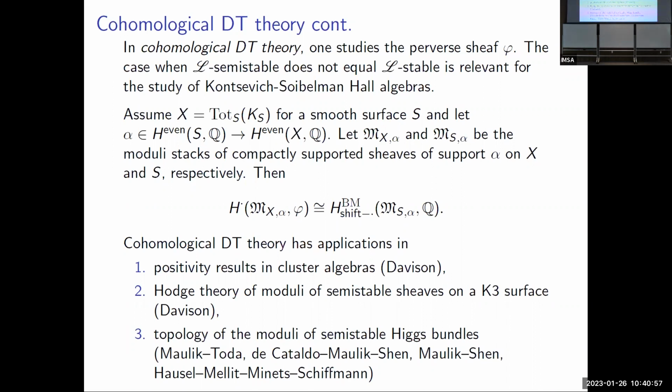So maybe here, by work of Maulik and Toda, they used this circle of ideas to propose the definition of Gopakumar-Vafa invariant, also called BPS invariant. And they observed that the deformation invariance of their proposed definition has to do with the P equals W conjecture. And this was solved by these authors.